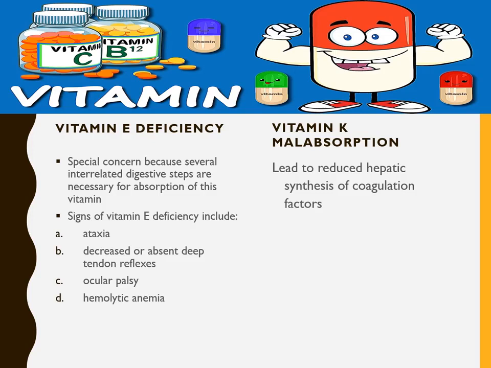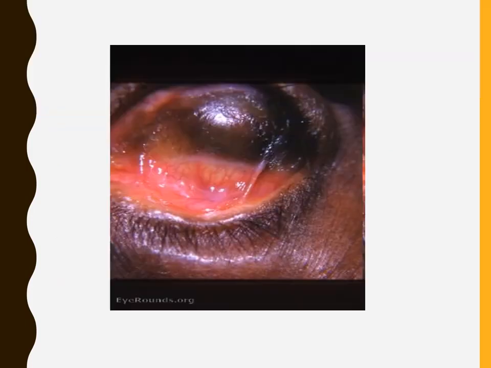The manifestations of vitamin E deficiency are both neurological and hematological. Those patients might manifest with ataxia, decreased or even absent reflexes, and ocular palsies, and they might present with hemolytic anemia.